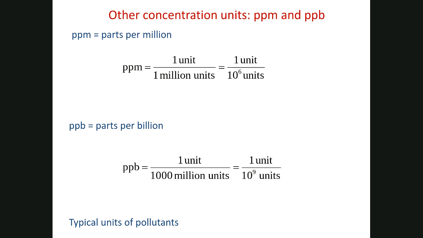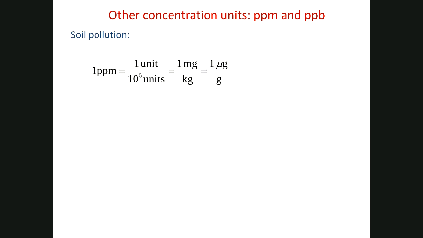So how do you convert from ppbs and ppms into some of the previous units I've mentioned, like milligrams per kilogram or milligrams per liter? Well, for soil pollution, you find two units of weight that are 1 million units apart. So for example, milligram per kilogram, or microgram per gram.